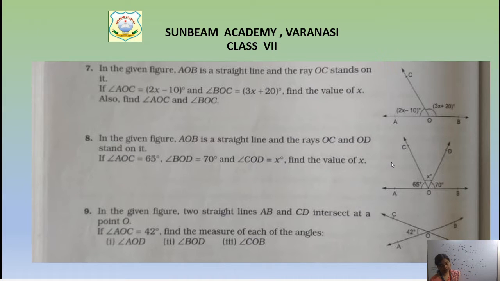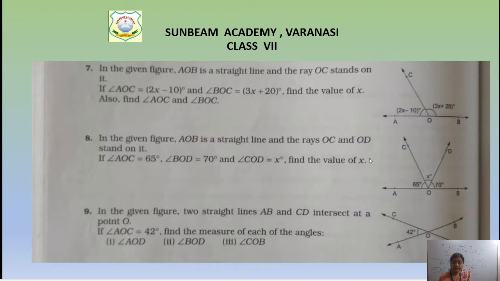Please keep in mind that in question number 8, the sum of these 3 angles will definitely be 180 degrees, but you will not write linear pair as the reason. Only 2 adjacent angles can be called a linear pair if their non-common arms are opposite rays, and here there are 3 angles.